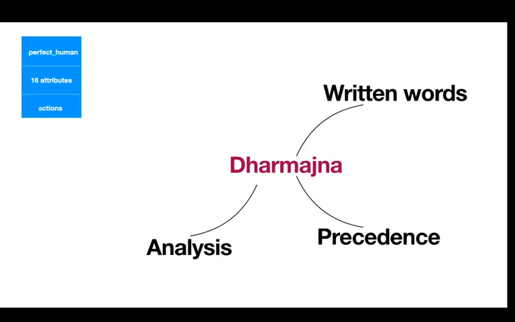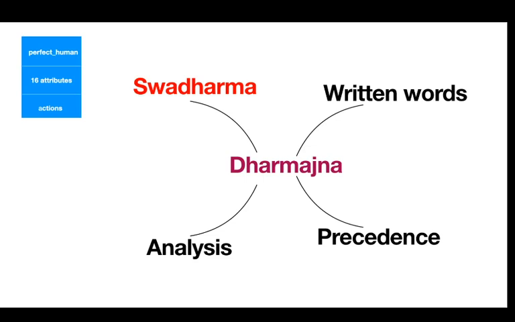Through this, you have to establish what is called a swadharma, that is the right course of action for oneself, which in turn doesn't mean that you have to hurt someone else's feeling. Swadharma should not come in clash with someone else's belief system.